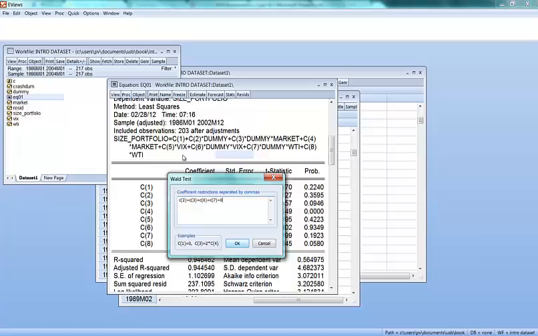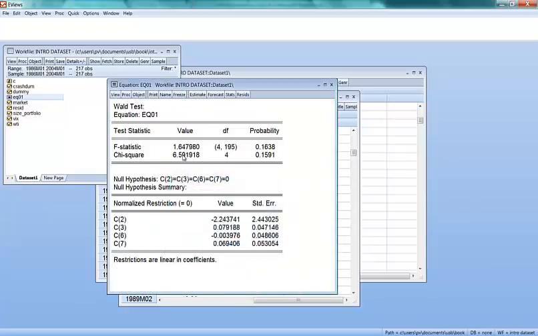In this way we can test if including the dummy would make any difference. And here we see that this null hypothesis is not rejected. So this particular split of the data, these 2 categories, one with an agitated market, one with a non-agitated market, was actually not a good idea.